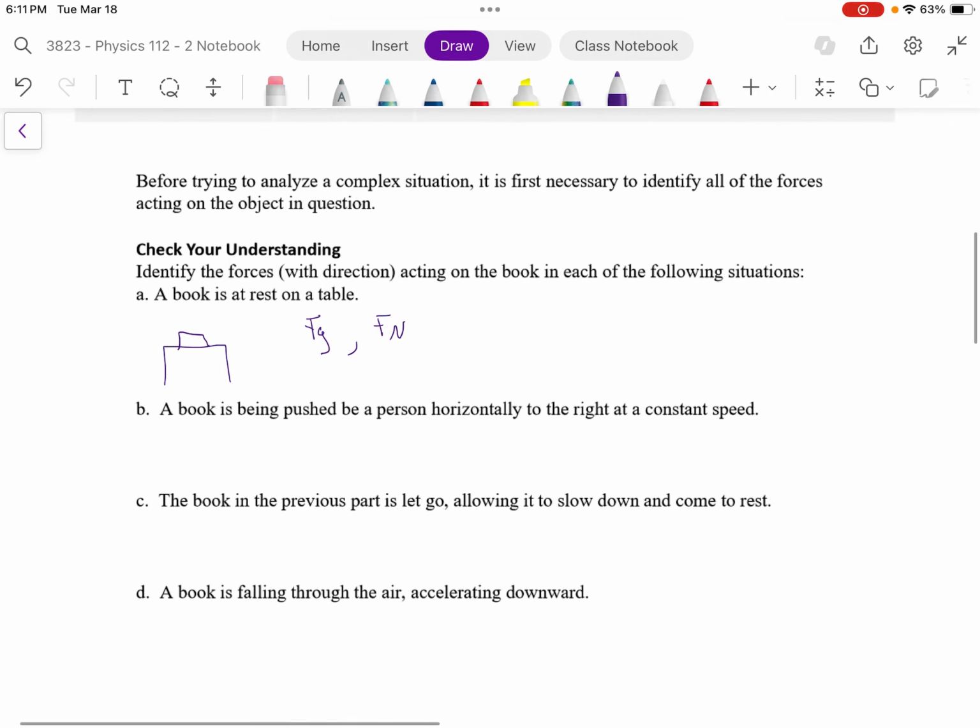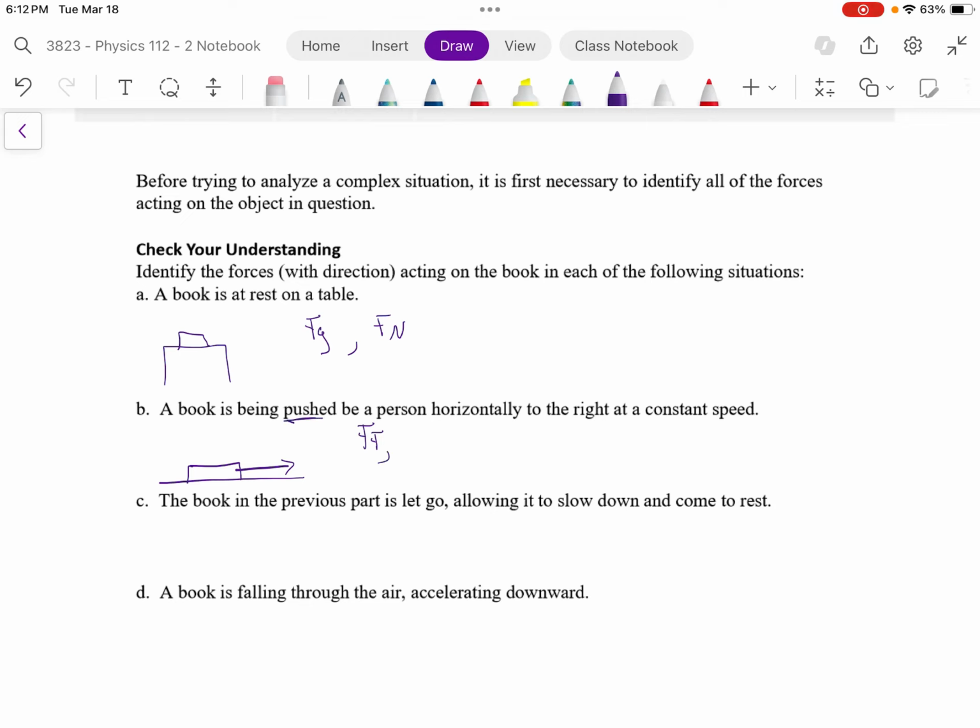Perfect. All right, so here we go. We have a book that's being pushed by a person horizontally to the right at a constant speed. So let's say the book is on the floor and it's being pushed and moving to the right. If it's moving to the right, the book is in contact with the floor, so I think there's a frictional force.